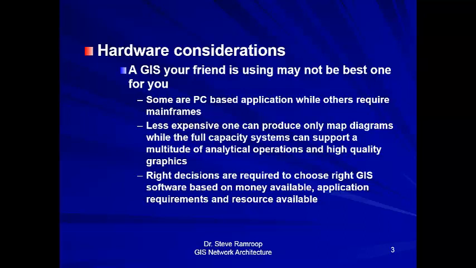If you want to go the cheap way, there are free GIS software out there. If you want to go the commercial way, where there are a lot of opportunities in terms of data sets available, in terms of the applications out there that you can share data online, that's a better way to go. So it requires a lot of decisions up front.